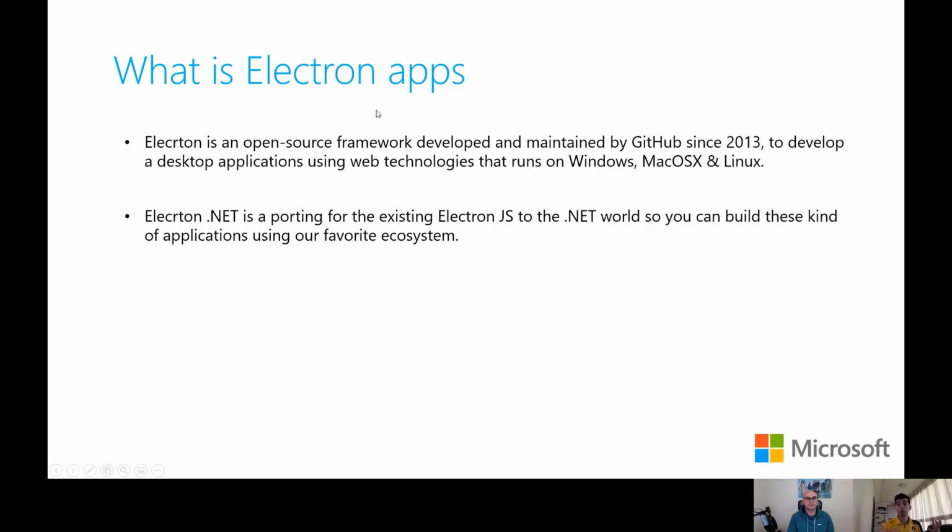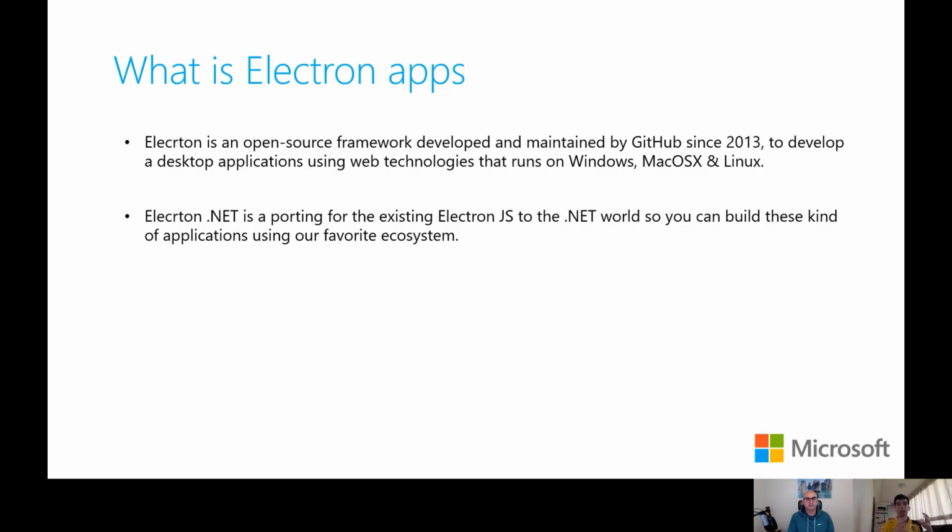So this was the goal, and it actually helped a lot, because right now we have a lot of applications that run across platforms, which was a little bit difficult to see before that period. So this is in general about Electron, but what is Electron.NET? Electron.NET is a big thing from the community.